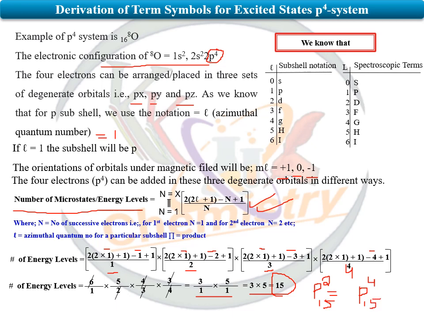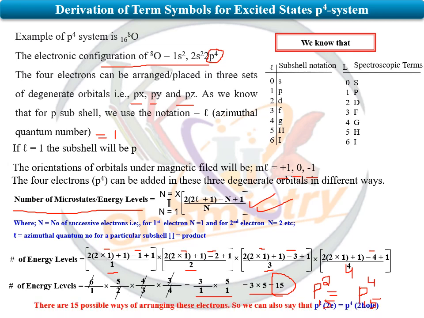So the term symbol for p2 and p4 will be the same. The only difference will be in the J value, because the p2 system is less than half-filled, so we will select the lower J value for the ground state, and p4 is more than half-filled, so for the ground state we will consider the term symbol with the higher J value.